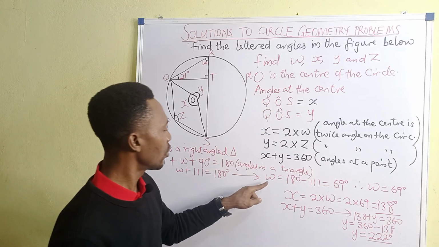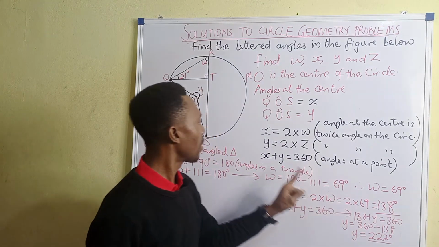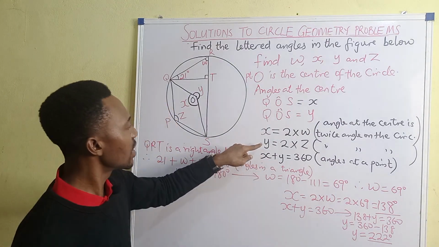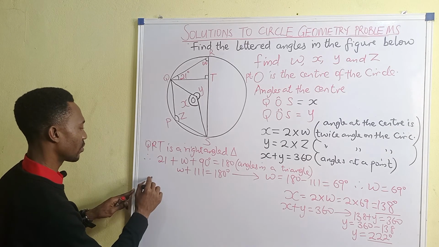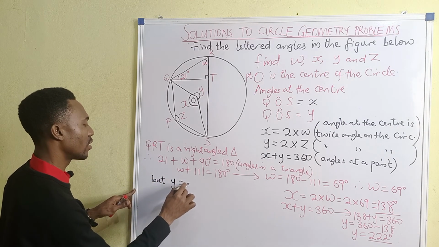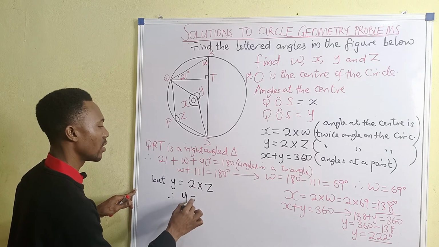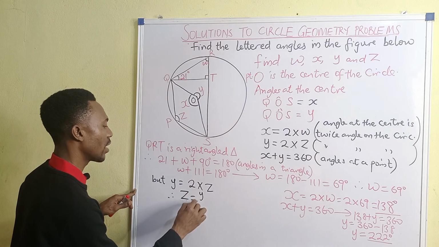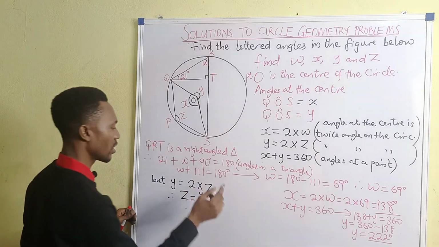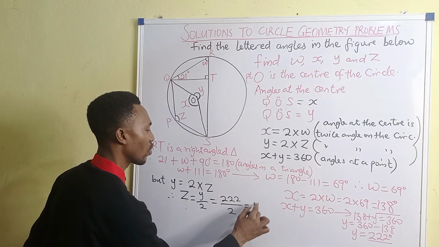Alright, so I have found W, I have found X, I found Y, but I'm left with Z. Now we need to say that Y is equal to 2 times Z. Therefore, Z is equal to Y over 2. Divide both sides by 2. So this will give me 222 over 2, which will give me 111 degrees.